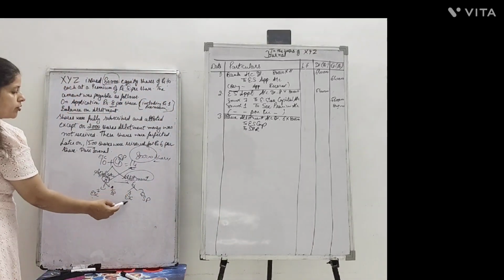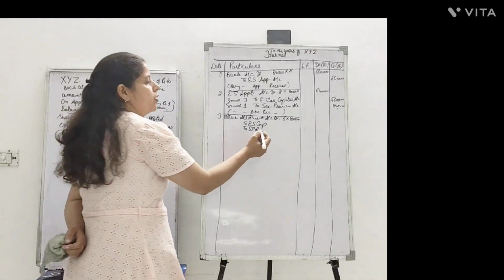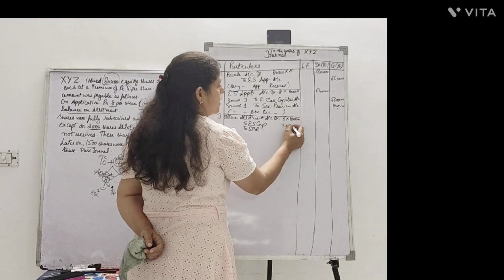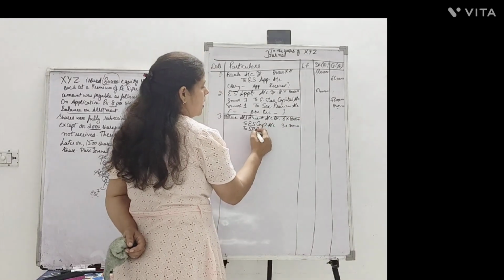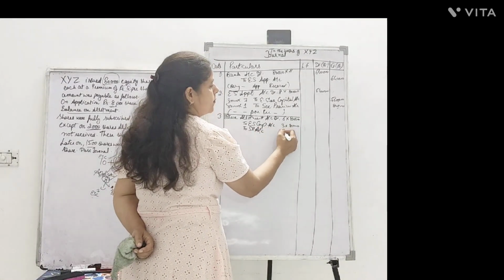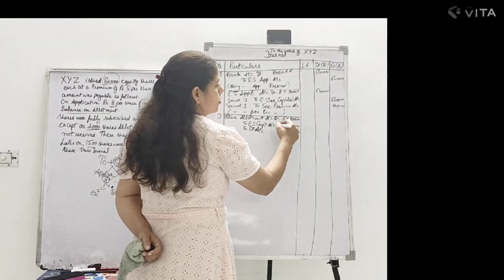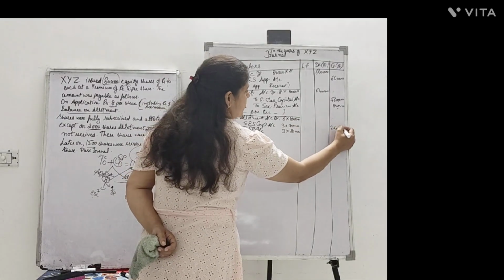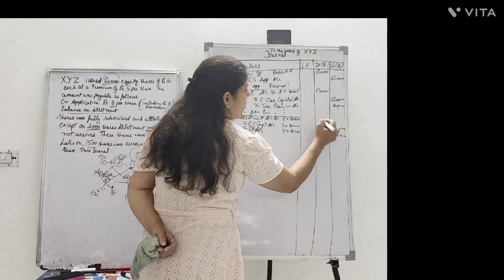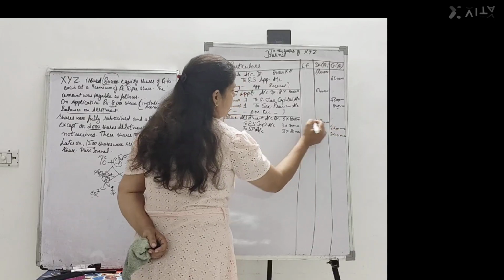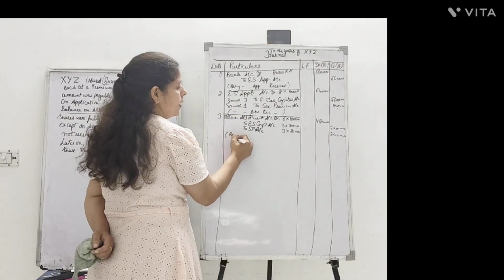Out of this 6, 3 is for capital and 3 is for premium. So 3 into 80,000 is for equity share capital account, and for securities premium it is also 3. So this goes with 2,40,000, 2,40,000, and the debit equals the credit, being allotment due.